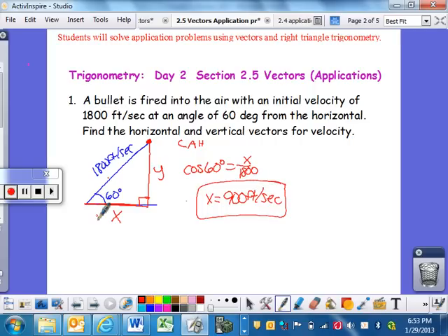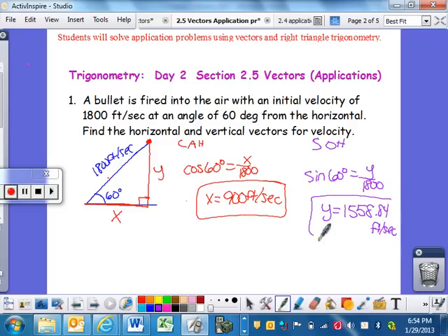And then the vertical direction, it's the same process except I now have opposite over hypotenuse. Opposite hypotenuse, that means it's sine in the SOHCAHTOA. So it's going to be sine of 60 degrees equals y over 1,800. Multiply 1,800 to both sides and you're going to get y equals, and it's actually a pretty big number, I think it's 1,558.84 feet per second.